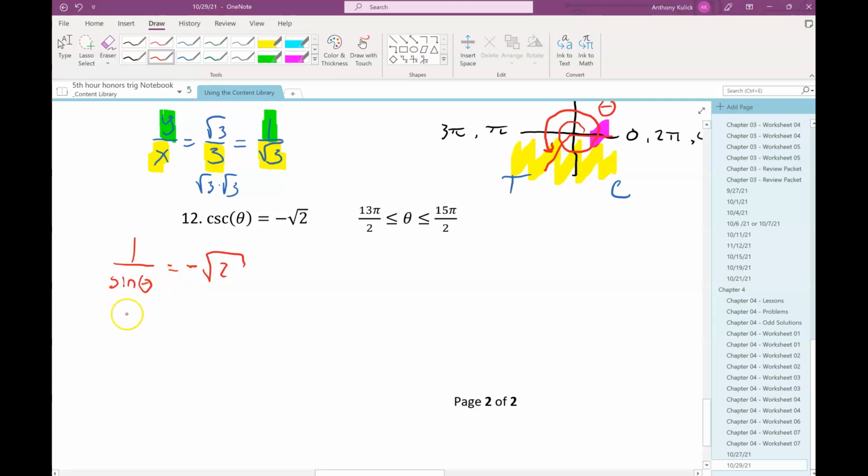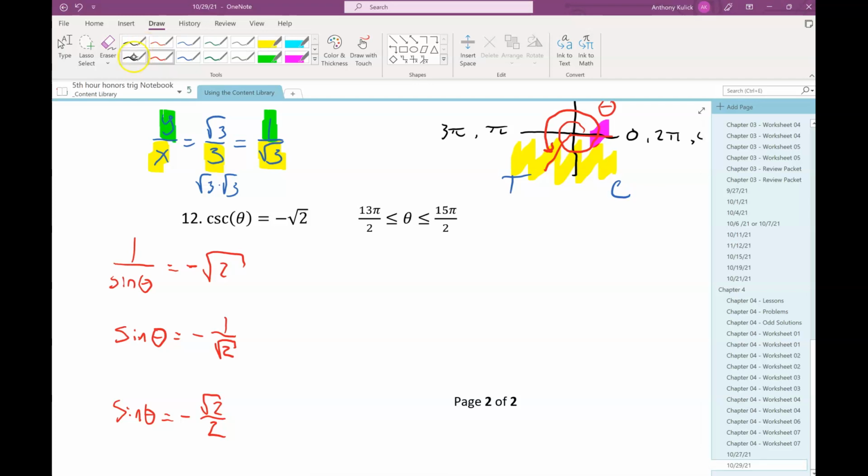And then if I do the reciprocal of both sides, because I got to get that sine theta out of the denominator, I have that. Good with that? And then I notice that this isn't a unit circle value for sine, but if I rationalize the denominator, I get a unit circle value.